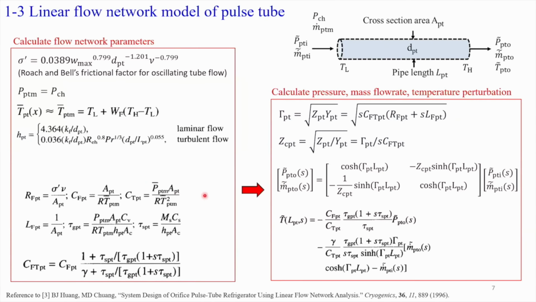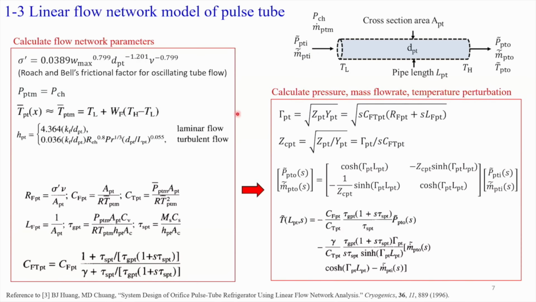So we start from the linear flow network model of the pulse tube, referring to paper 1 here. Basically, LFNA utilizes electric circuit analogy together with perturbation theory to solve a fluid mechanics problem. In other words, the pressure perturbation is analogized to voltage, and the perturbation of mass flow rate is referred to current.